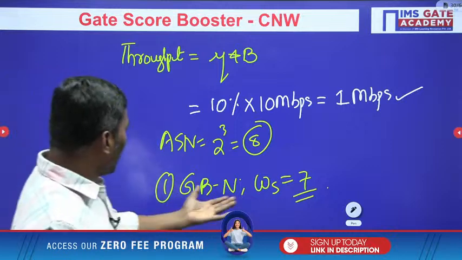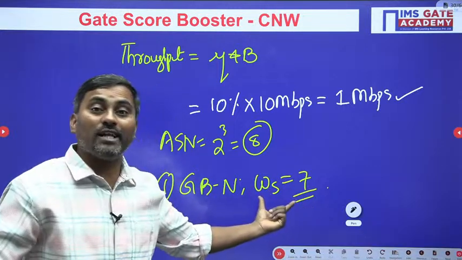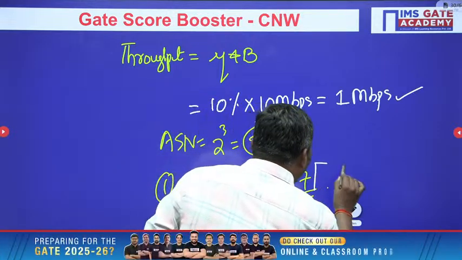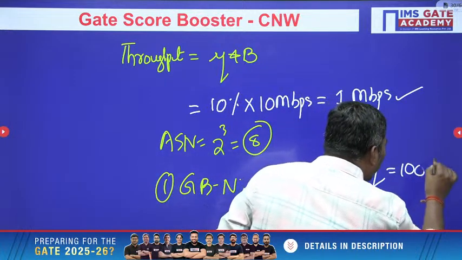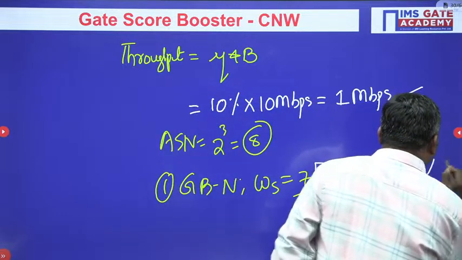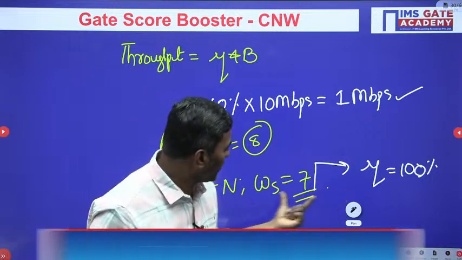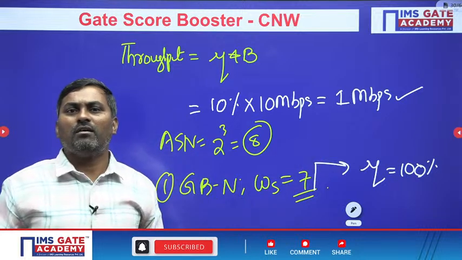For n equal to 7 you are sending at full capacity, so efficiency is 100%, correct or not? Hello, tell me all of you. Full capacity sender. You are sending 7, correct or not? 100% you are sending, isn't it?